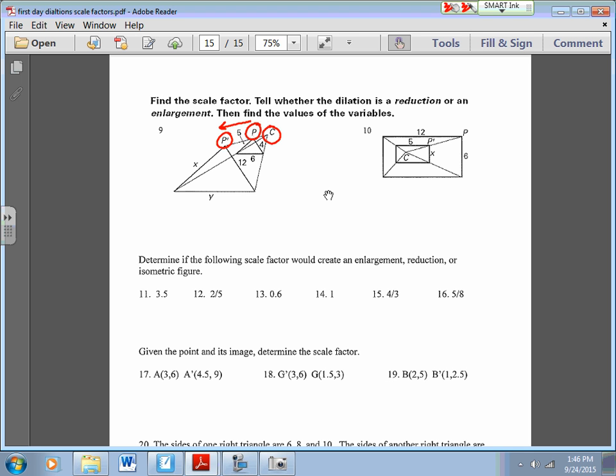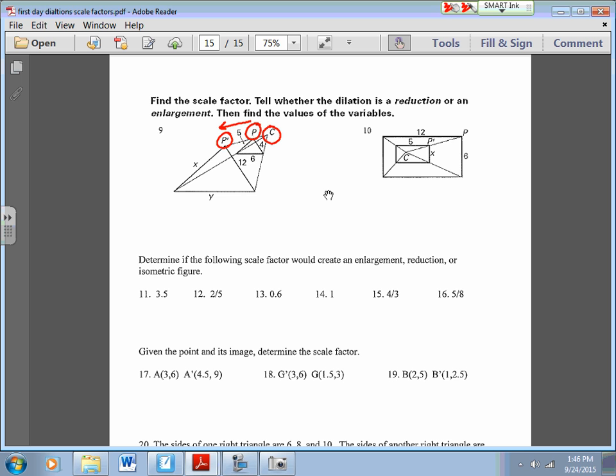Remember in the last class? Remember I had you guys change the origin with your highlighters? That's the center of dilation right now. That's where the dilation is going on.